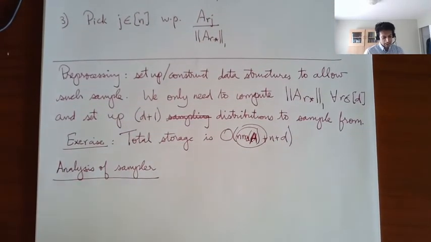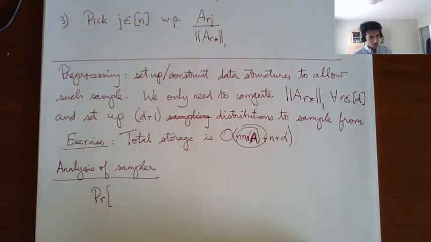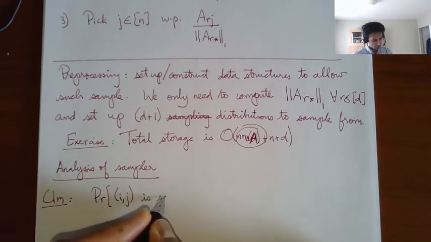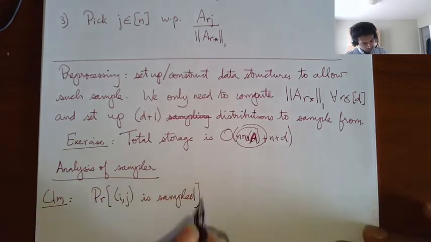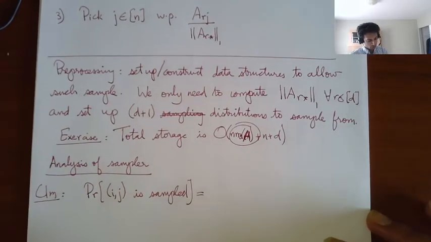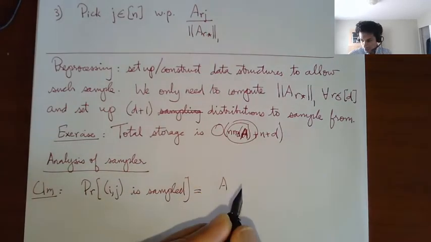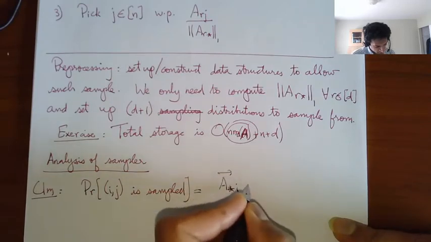So what is the analysis of the sampler? The claim is the probability that i, j is sampled will be exactly equal to, let me make sure I get my indexing correct, A star i dot A star j.